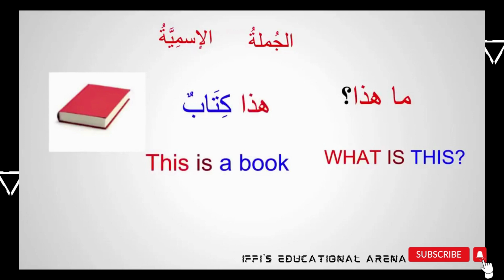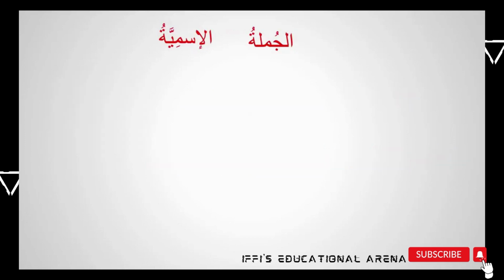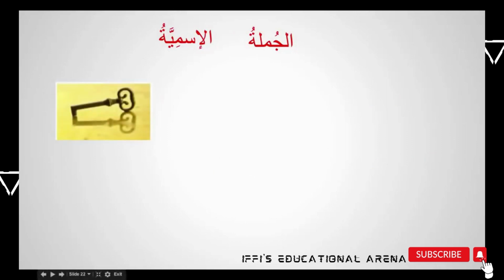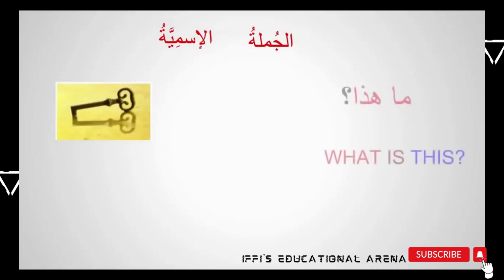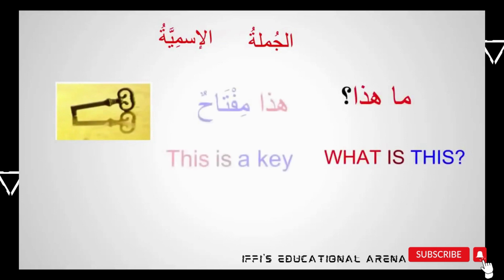So you got a question and you got an answer for this. So again, how do we ask a question? Just put ma hadha. What is this? Hadha miftahun. So this is a simple way of asking questions about any objects or animals.